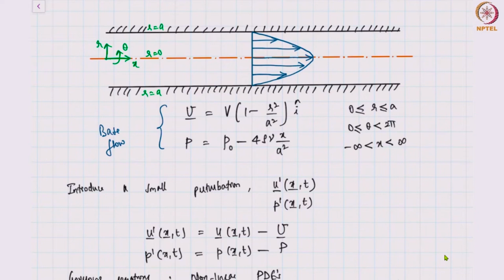Theta is periodic, therefore I can assume it to be in terms of sin theta, cos theta, sin 2 theta, cos 2 theta, and so on, or in general sin n theta and cos n theta. I can generalize this and say it's e power i n theta. Time starts at t equal to 0 and is increasing, so I do a Laplace transform.